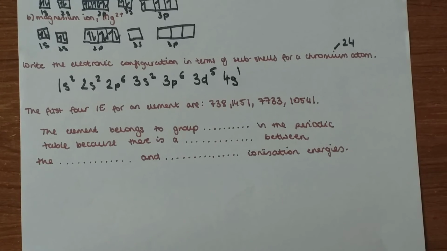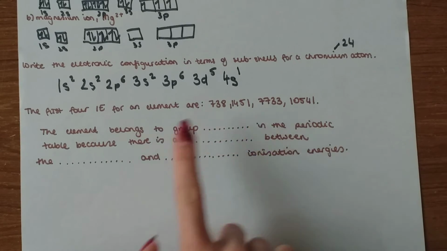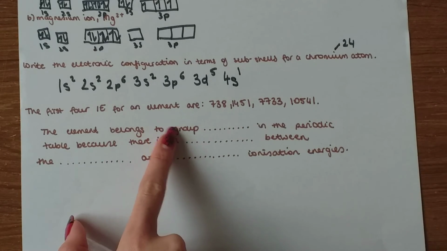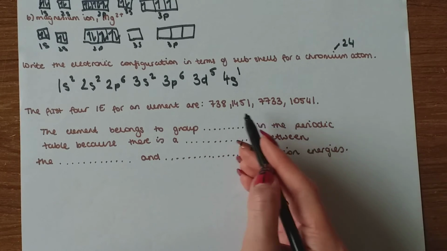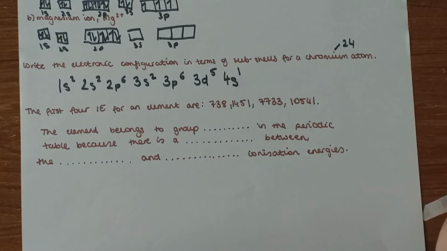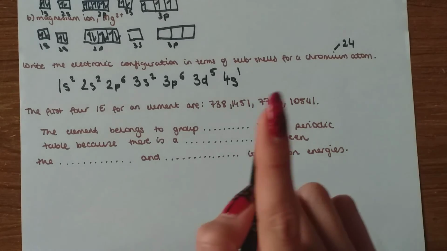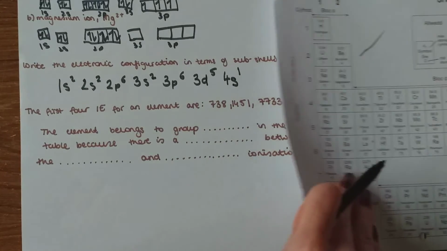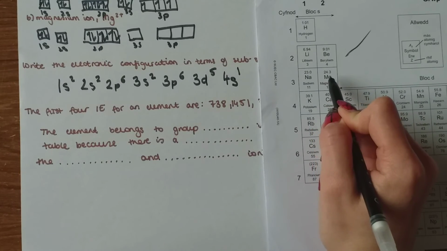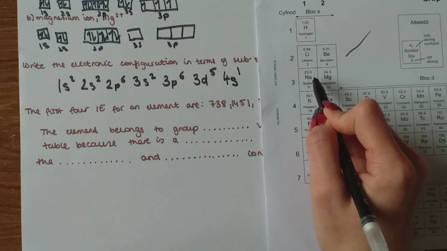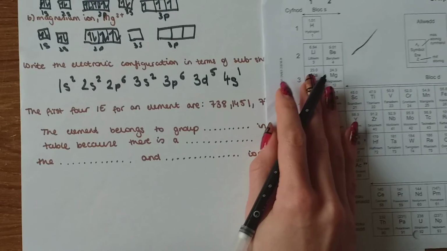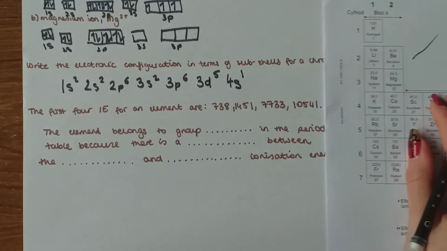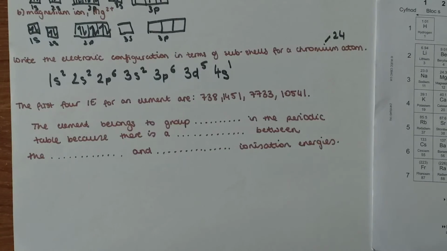The last question says the first 4 ionization energies for an element are these. The element belongs to group, and we can see the biggest jump is right here. So it has to belong to group 2, because if it were, for example, group 1, the first ionization energy is small, the second ionization energy is large, and the third one would be the greatest.